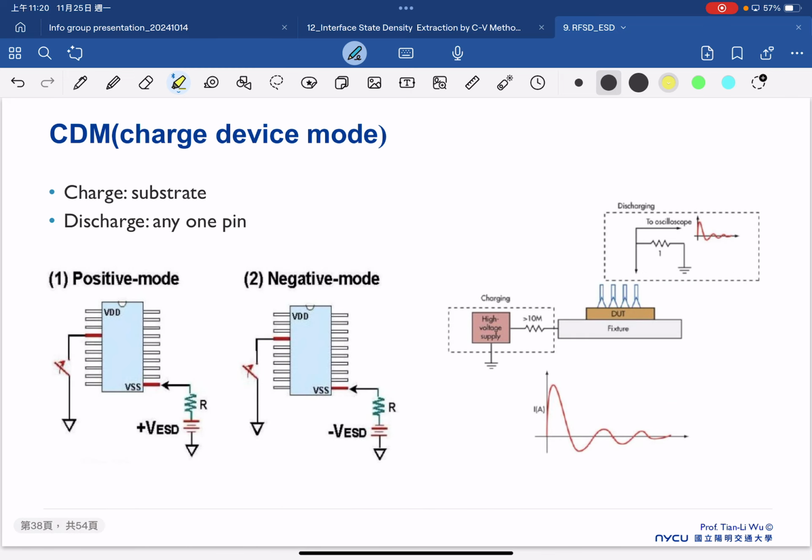Also, if you look at the case with the CDM, then we can also use the CDM testing in our packaged device. So we charge on the substrate. So we charge here, and then we discharge on any pin. So we charge at this place, and we discharge here.